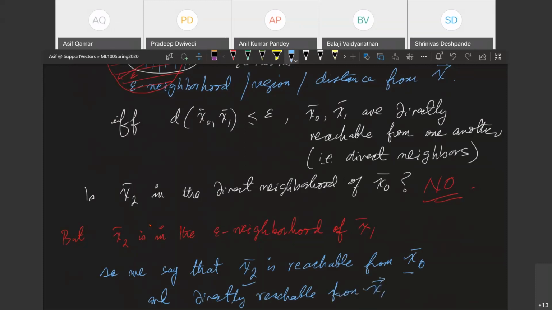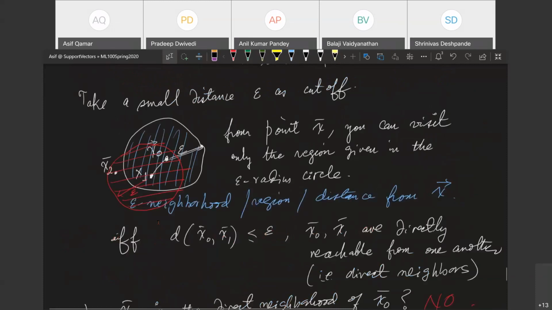So how can I go to X2? I can take an indirect path. I can go from X0 to X1 and from X1 to X2. Do you see that? It's a two-hop journey.